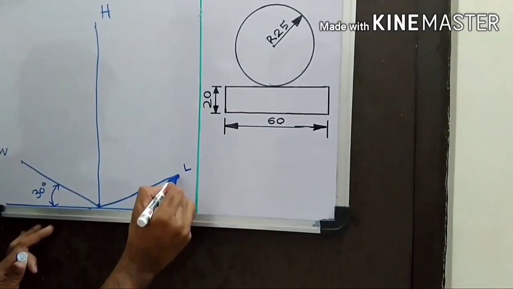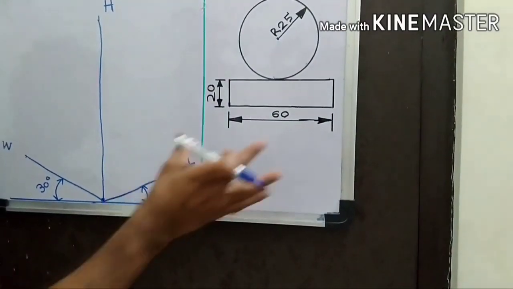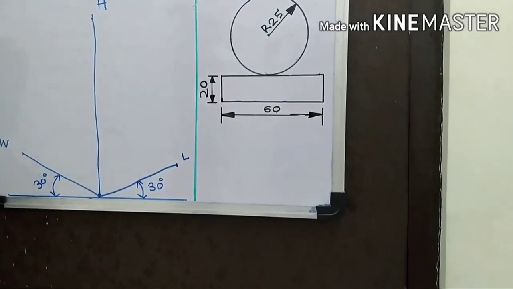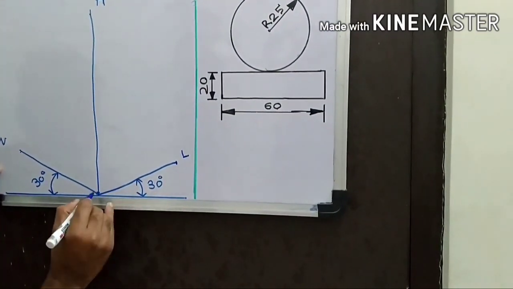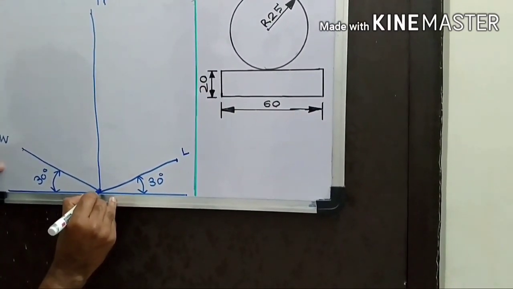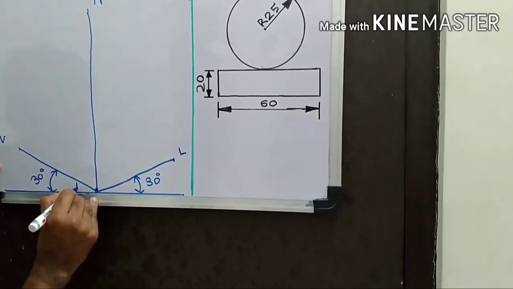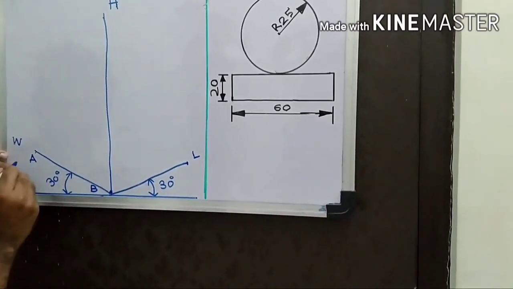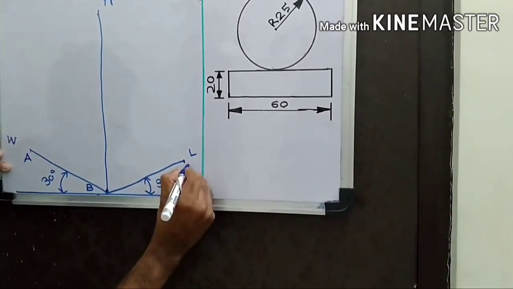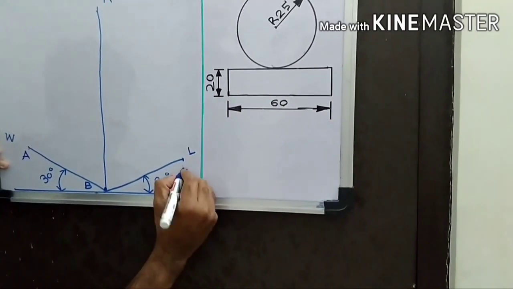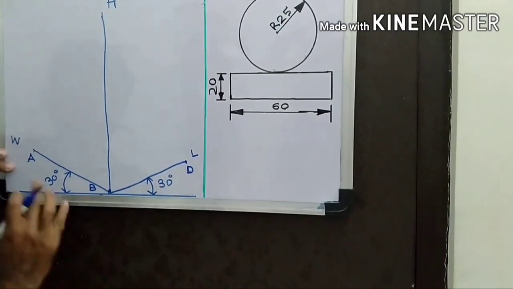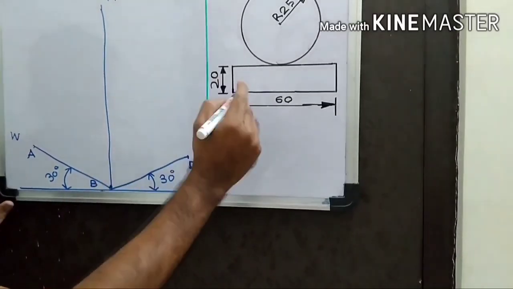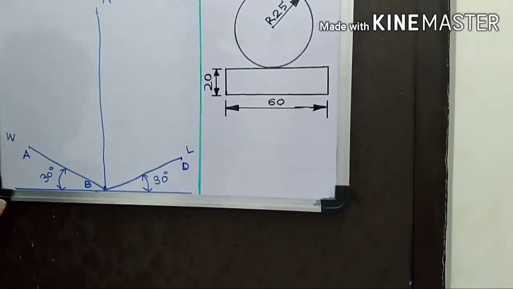Measuring the same length 60, locating it here. I am naming this point B, this is A, this is D. After that, what is its height? 20 units.